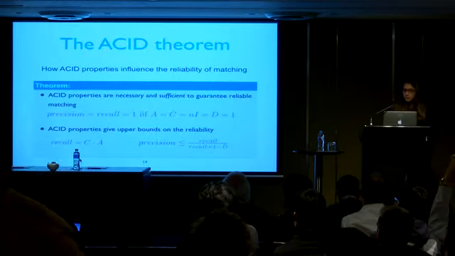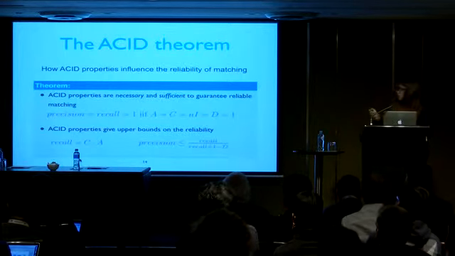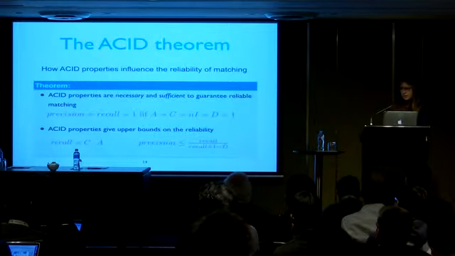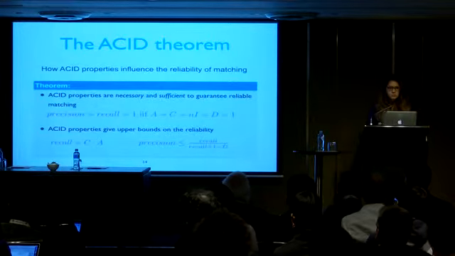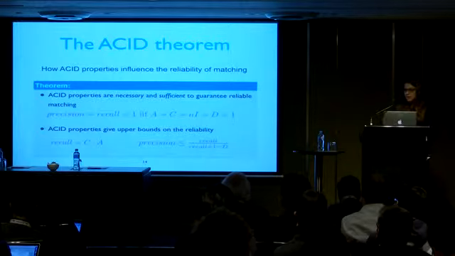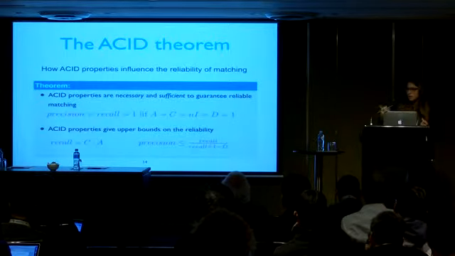In addition, we proved that the recall is easily linked to the availability and consistency of an attribute, while we can give an upper bound on the precision we can achieve using an attribute by using the discriminability and impersonability of the attribute. So you can see that the ACID properties are nice because they separate well different properties we need in an attribute, and they are also able to determine the reliability we can hope to achieve when we do this matching.